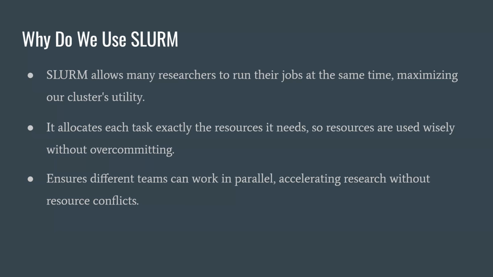So this makes it very usable because many people can use it at the same time. It also only allocates exactly the resources needed, and it allows teams to work in parallel because they can use different amounts of these resources.